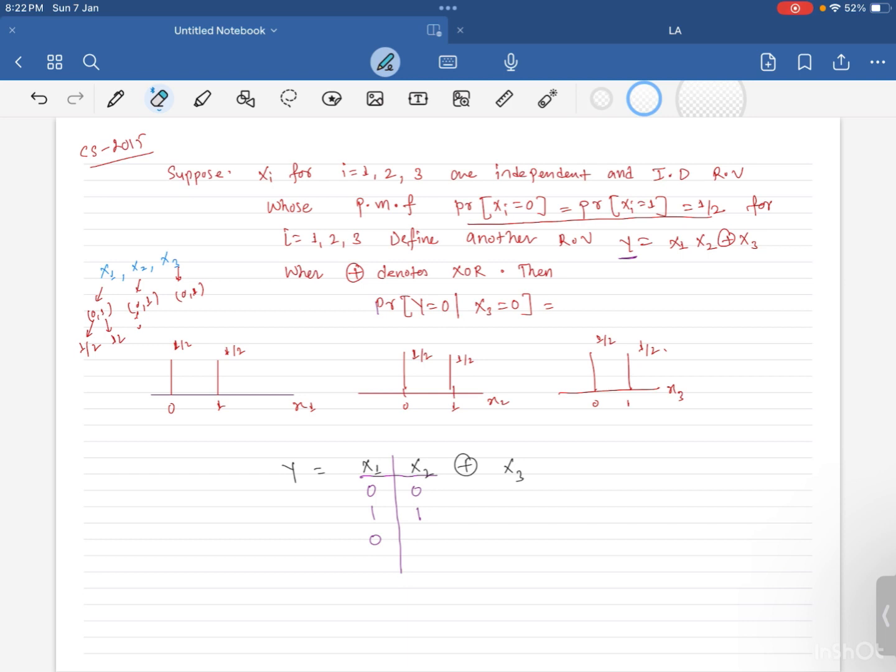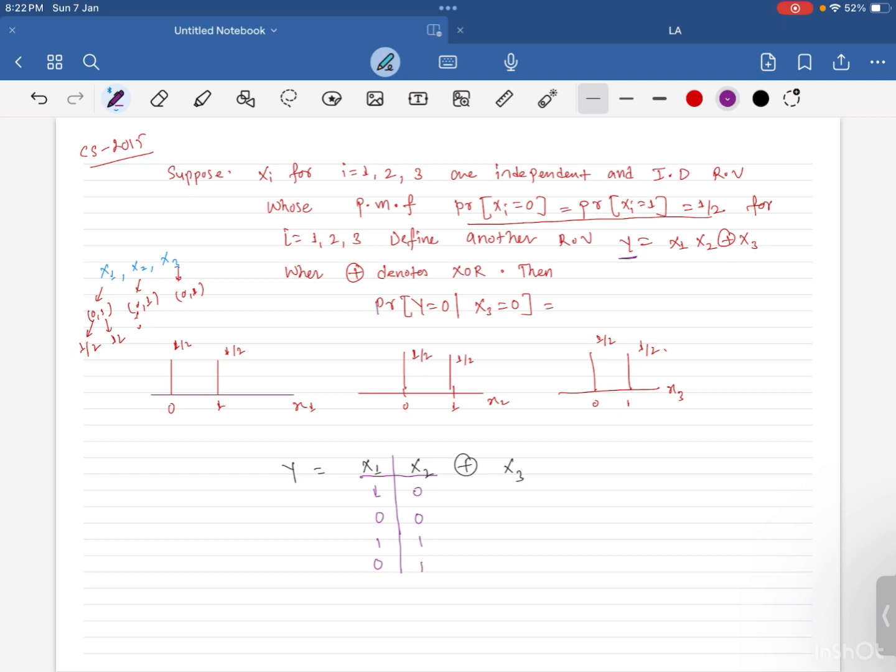So what could be the possible combinations? x1 x2 can be 0 0, 1 0, 0 1, and 1 1. All these are the possible values.